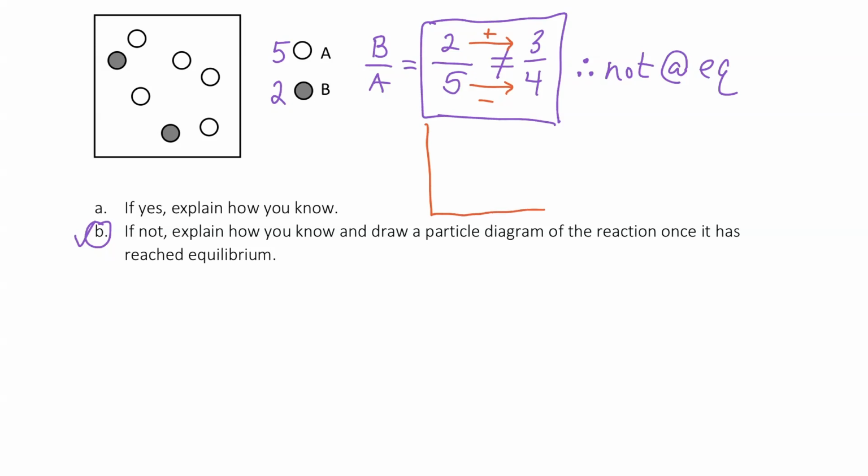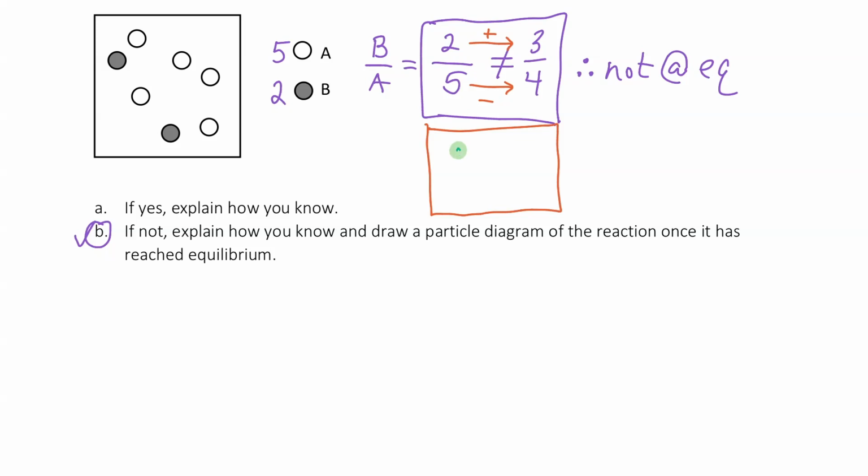I'm going to make it really generic here. This one works out nicely, right, in terms of the number of particles you were given, because you were given a total of 7. So we are going to wind up with 3B and 4A. Whoops.